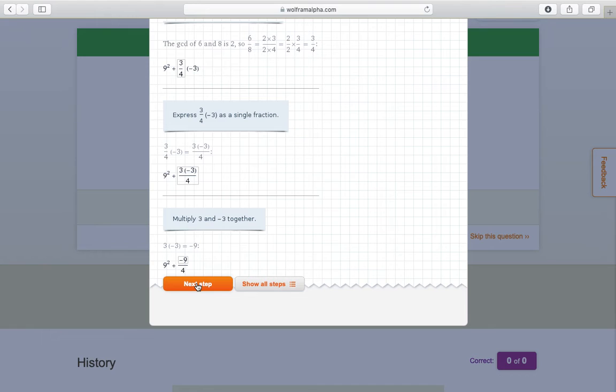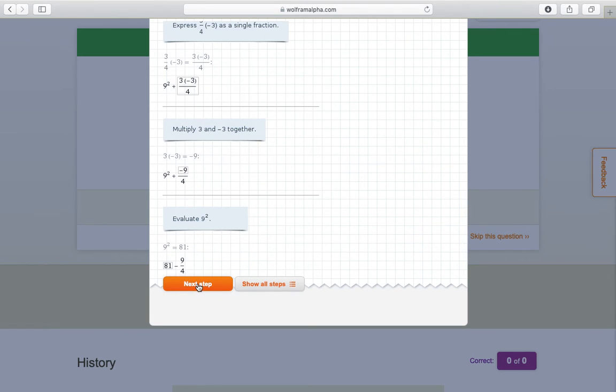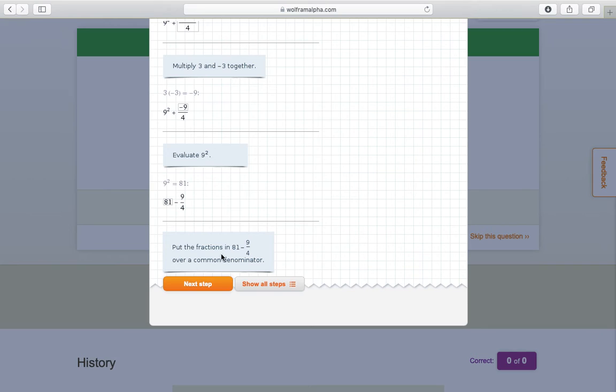Plus 9 squared. It says evaluate 9 to the second power. And that gives you 81, minus 9/4. Next step.